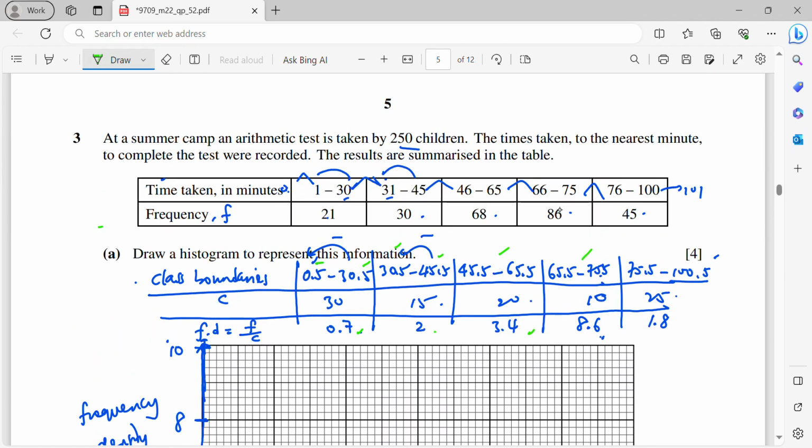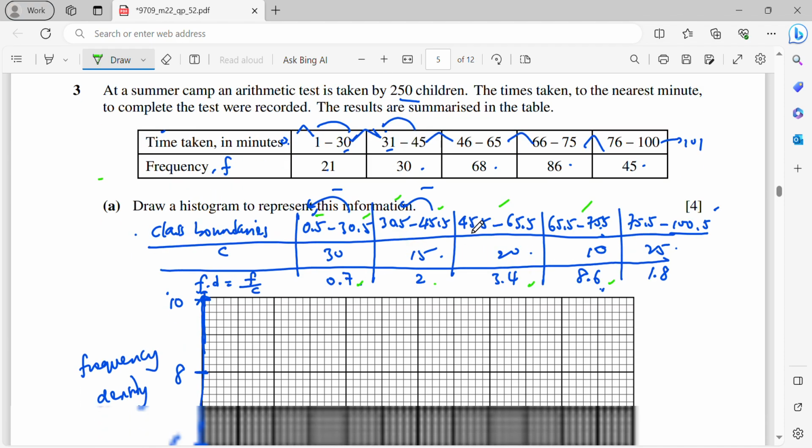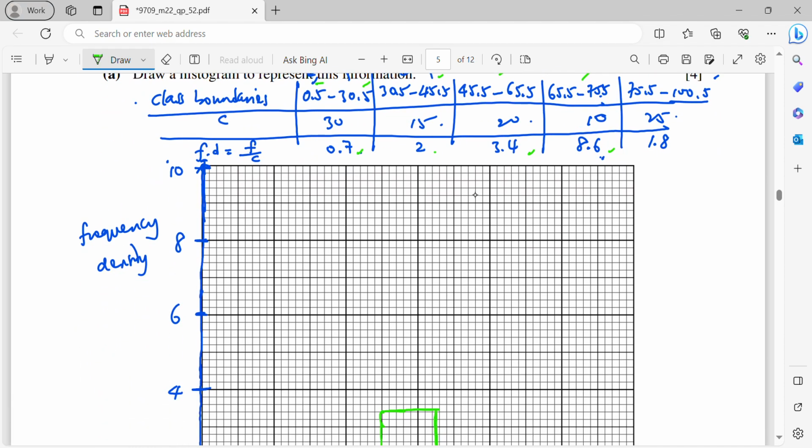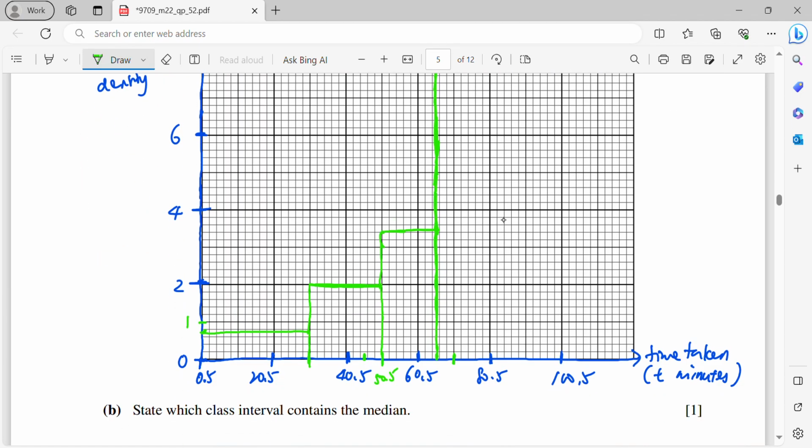Now 65.5 to 75.5, the height is 8.6. Here is 8, so 8.6 is somewhere here. Make sure this is a straight line. I'm not drawing a straight line here because it's quite tough for me. Then it will be up to 75.5. 70.5 is here, so 75.5 is in the middle.